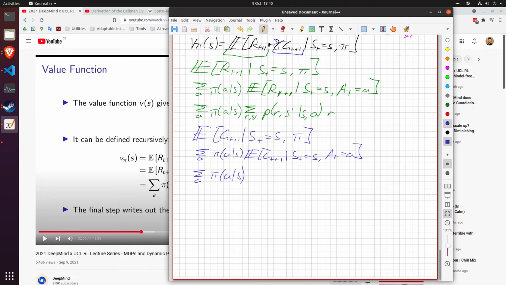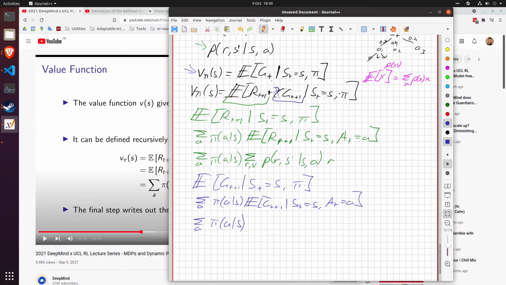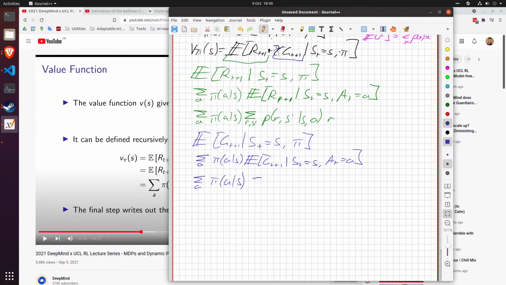So rewrite the first part. Now we're going to expand this out according to the definition of an expectation value, and we're going to write out, just as we did before, sum over all rewards and s primes, probability of reward and s prime given the existing first state and the action that we've pinned down.